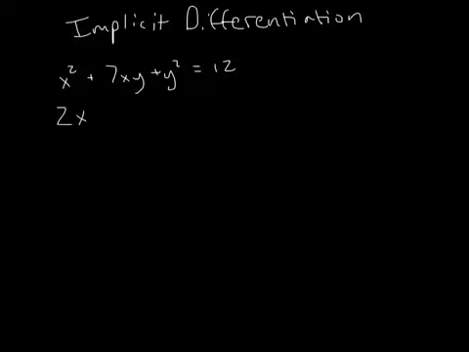Plus 7xy. This is where it got at least tricky for me. Product rule still works. There's nothing different about it, except when you want to take the derivative of the y when you're doing the product rule, because it's the derivative of one side times the not derivative of the other, plus the derivative of the other side plus the not derivative of the first side, if you catch what I'm saying.